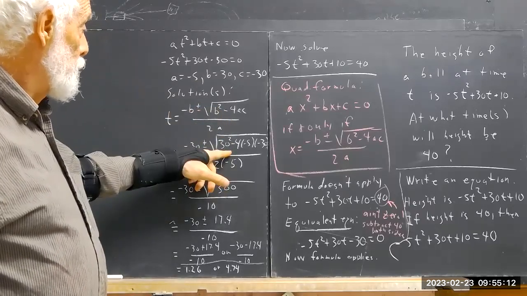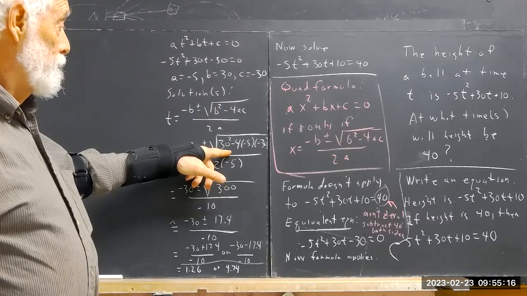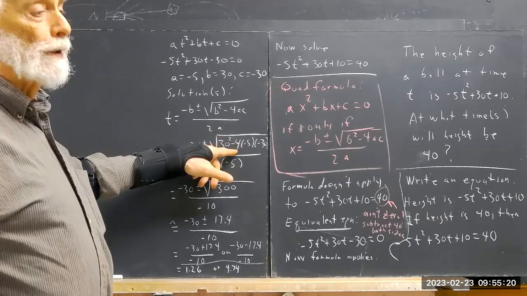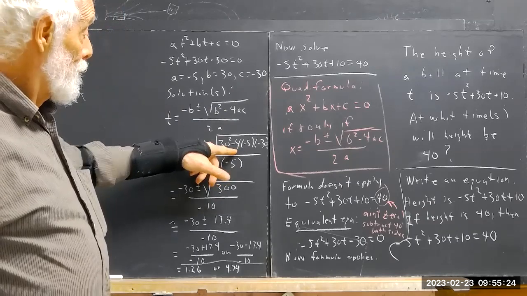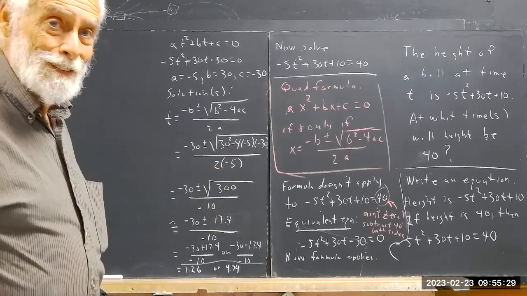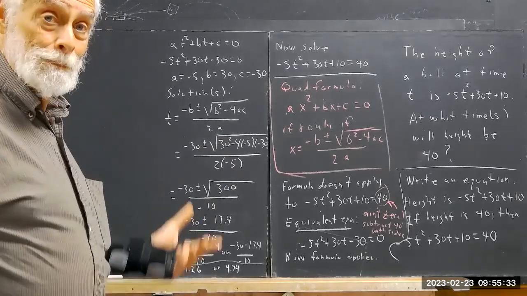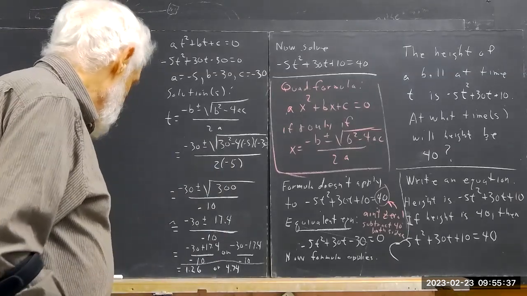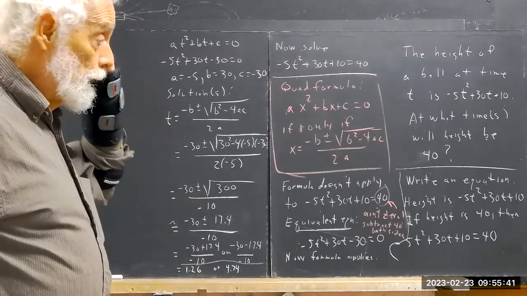So if this number here turns out to be 0, then we're going to have negative 30 plus or minus 0 over negative 10. And this is going to be negative 3. How about plus 3? Now there's much more to it, and we're going to talk about it, and we might leave this example up here so we can talk about it.